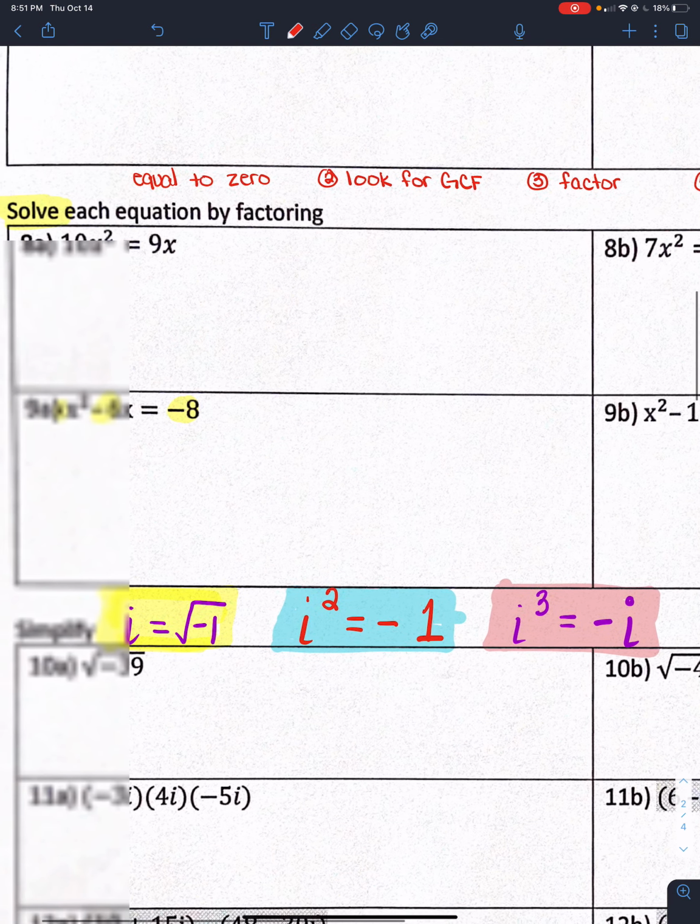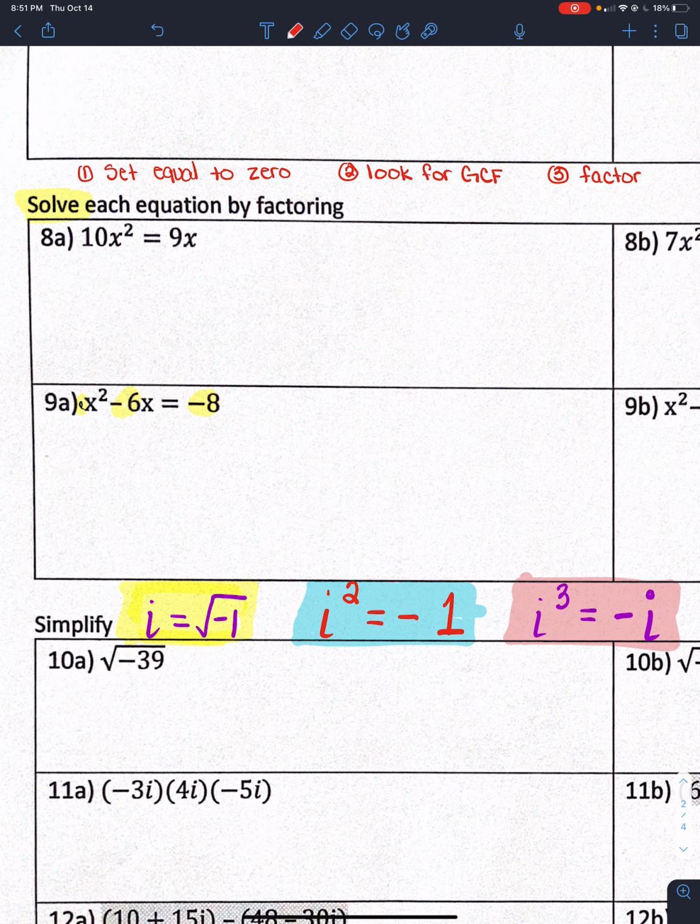All right. So first thing, set equal to 0. Well, this equation is not set equal to 0 because I have 10x squared on one side, 9x on the other side. So I'm going to subtract 9x from both sides and move it to the left side. So I'm going to have 10x squared, now it's a negative 9x equals 0.